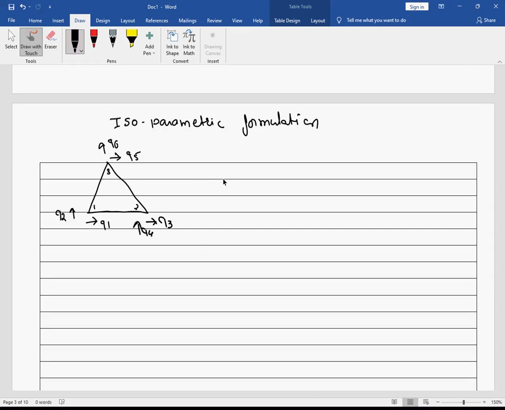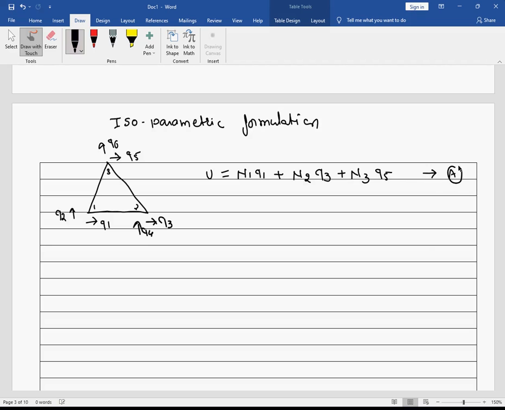Now, let us say horizontal displacement is represented by U. Since I am using the isoparametric formulation, I write U equal to N1 Q1 plus N2 Q3 plus N3 Q5. So this is my horizontal displacement.